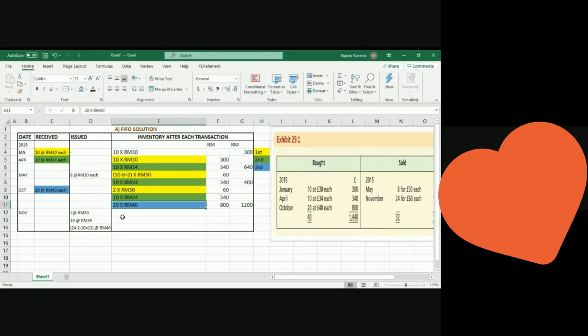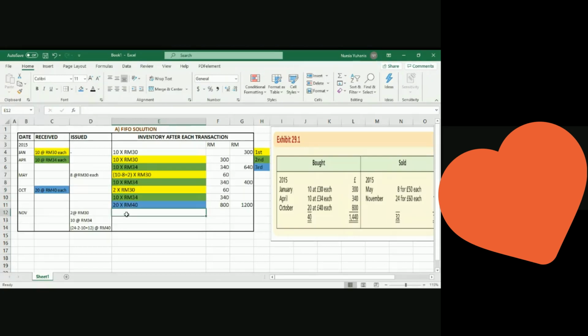All right, now inventory after each transaction. You have sold everything on the first batch, right? Because you sell 2. Do you have a balance on the yellow one?